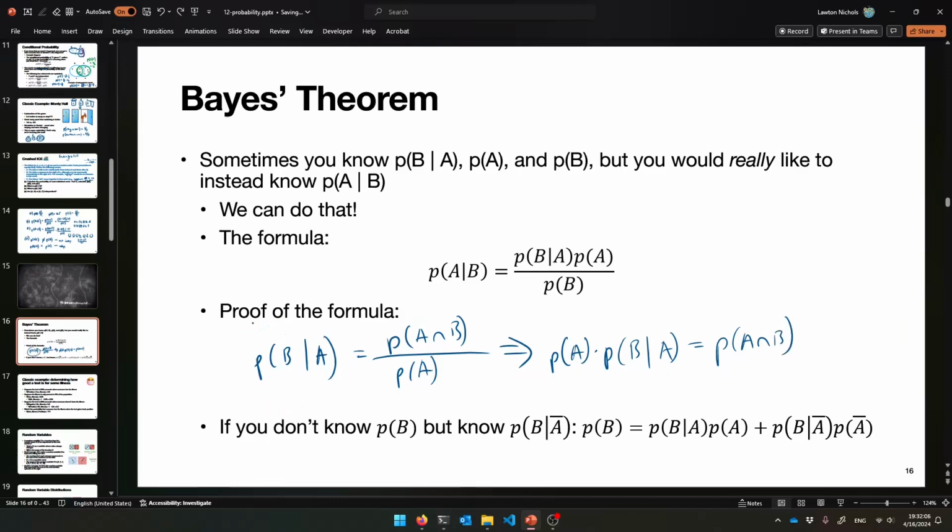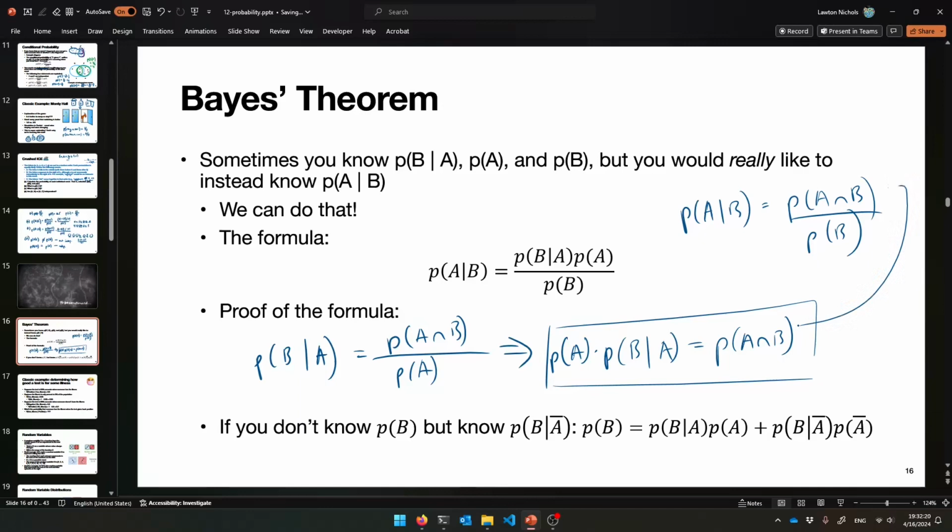The probability of A given B is equal to the probability of their intersection over the probability of B. I can take this equation, replace the intersection with this, and that's why you can do that. So that's the formula. That's called Bayes' theorem. It tells us that we can switch things around if we know a few things.